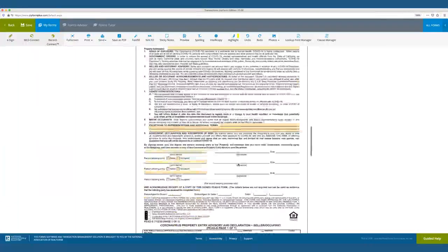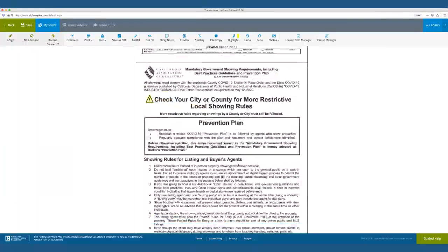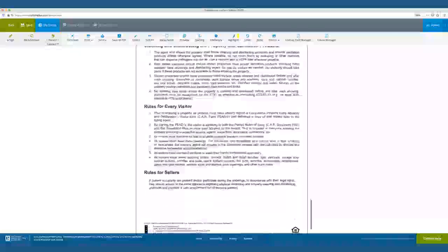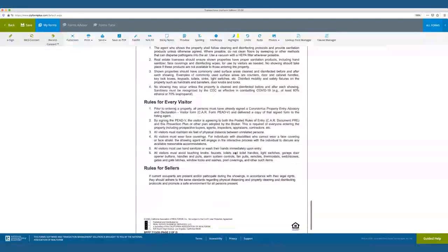So here is the mandatory showing requirements. It gives all the rules for the listing and the buying agent, talks about the cleaning and disinfecting. The one thing I want to point out is rules for everybody. All visitors must wear face coverings. For individuals with disabilities who cannot wear a face covering or face shield, the showing agent will engage in an interactive process with the individual to discuss any available reasonable accommodations.